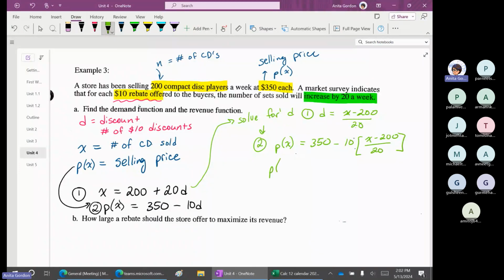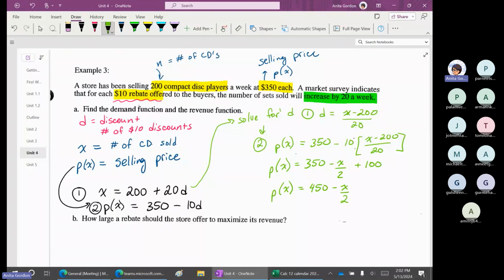To make my life simpler, I'm just going to expand all this. 350 minus x over 2, minus 100, plus 100... Okay, and simplify further: 450 minus x over 2.